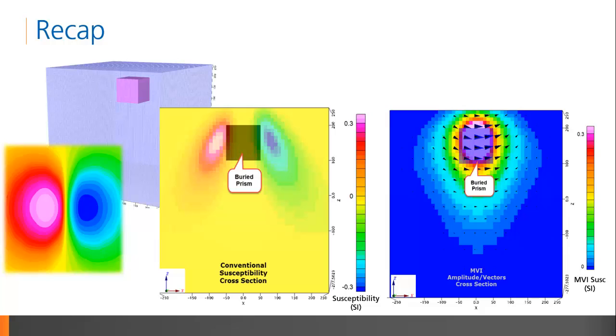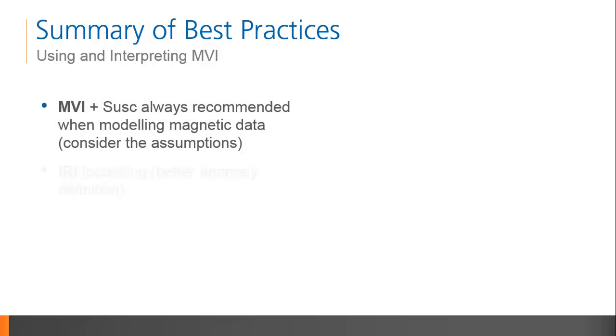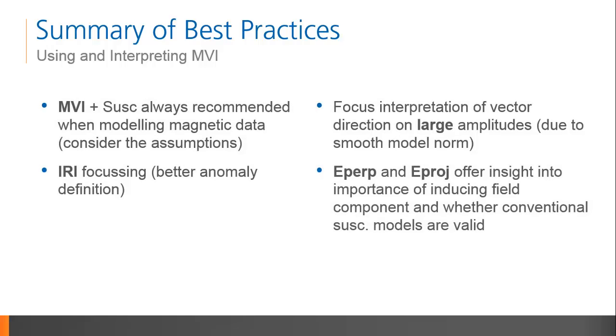It is important to note that using IRI focusing greatly improved the MVI model, and should always be used when inverting for the magnetization vector, as it produces a more compact distribution of vector directions. In summation, I recommend the following for the analysis of magnetic field data using MVI.